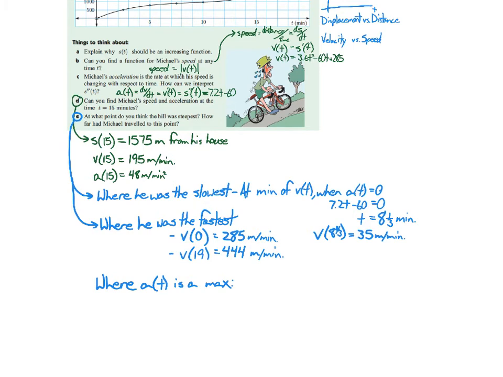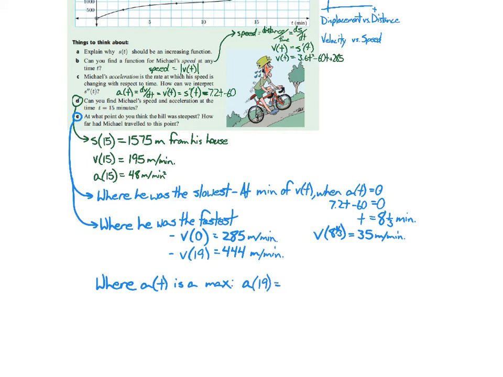So that means acceleration is going to be increasing the entire time. It's negative for a while, but it's increasing the entire time. So when is the acceleration at a max? Well, at 19.